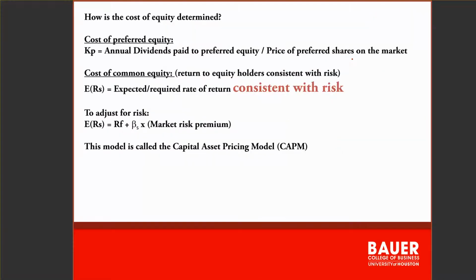Okay. Let's talk a little bit about how the cost of equity is determined. The cost of debt, as we saw before, was simply the interest rate on debt, or it could be the yield to maturity on debt. With equity, there are two components, preferred equity and common equity. Preferred equity is more or less like debt. And so the return, which we denoted as KP, was going to be the annual dividends paid to the preferred equity holders as a percentage of the price of the preferred shares.